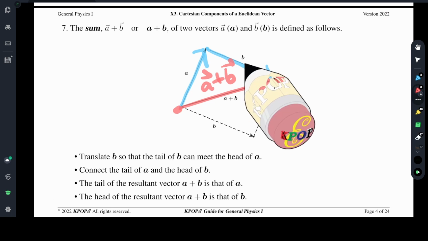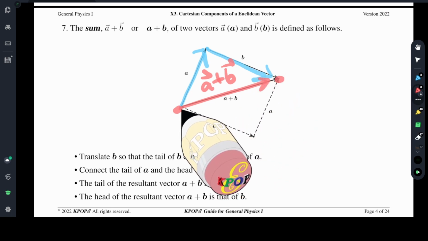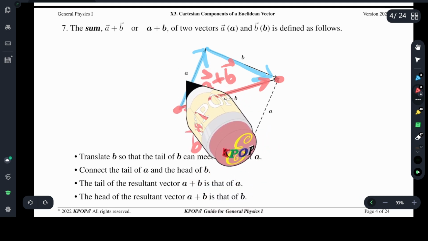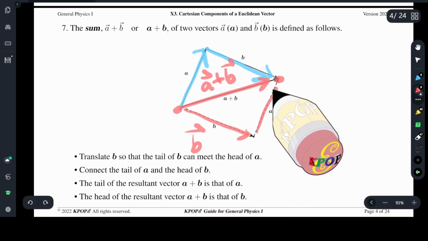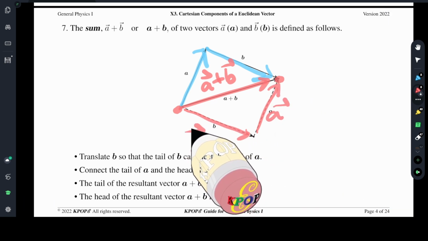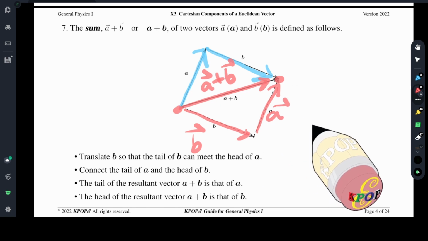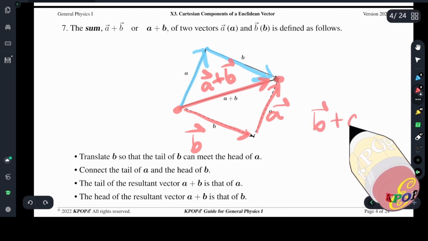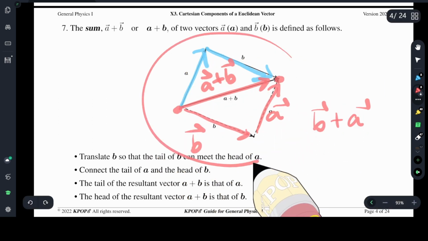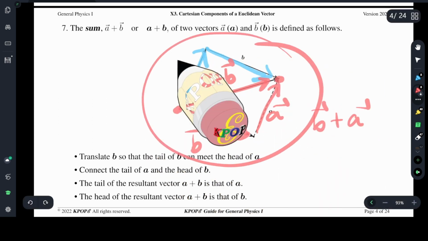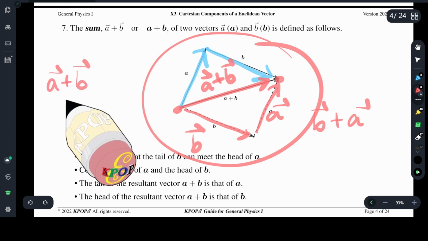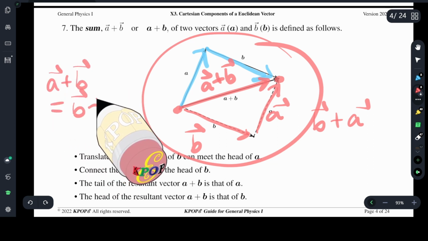If I translate this B over there, and translate A over there, I have A. So in this case, we have B plus A. It is evident from this figure of a parallelogram that A plus B is exactly the same as B plus A.